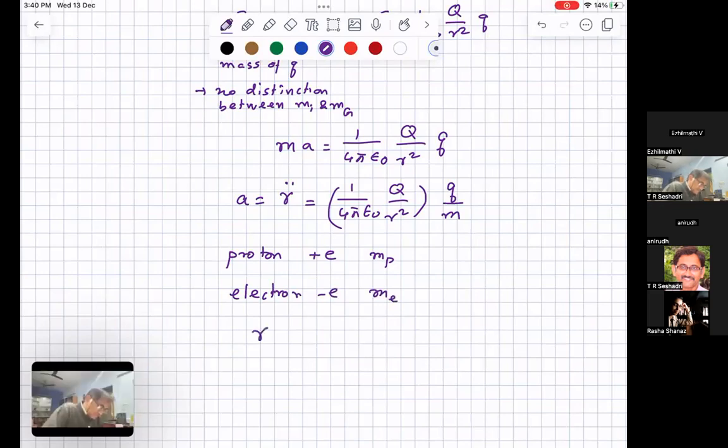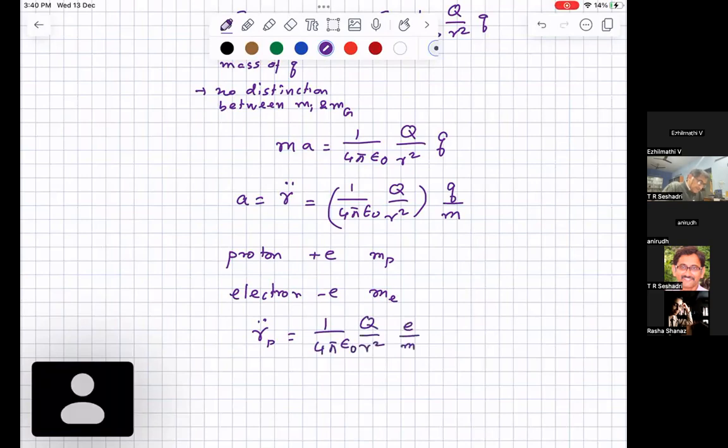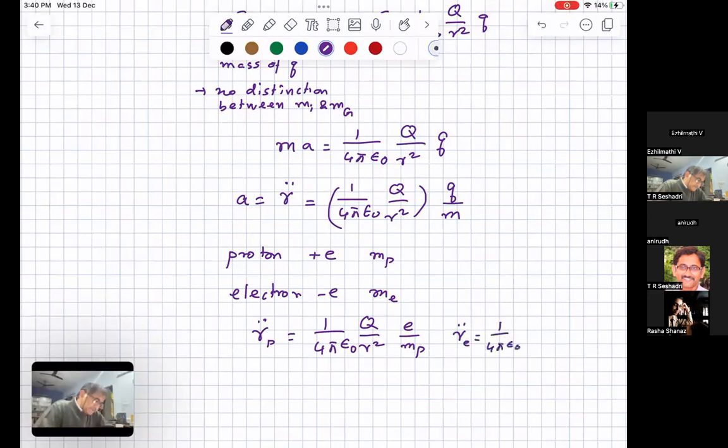And so the acceleration on a proton will be equal to 1 by 4 pi epsilon naught Q by R square times E by MP, and R double dot of an electron is 1 by 4 pi epsilon naught Q by R square times minus E by ME. So even if we discount the fact that the charges are different, you find that this factor is not the same for electron and proton.